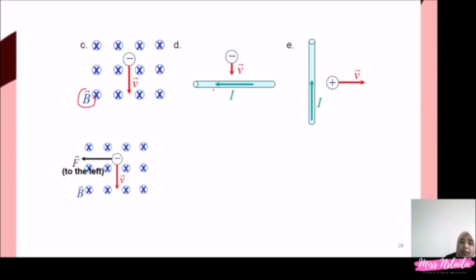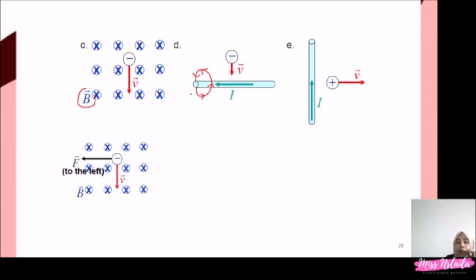So kena pakai hand rule, right hand rule, untuk you tentukan arah magnetic field on this wire. So since the direction of current is to the left, so the magnetic field around this wire will be, dia akan macam ni lah. Okay, dia akan rotate macam ni.